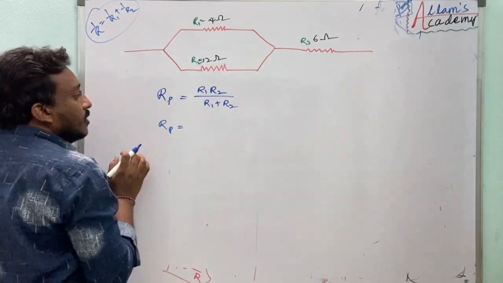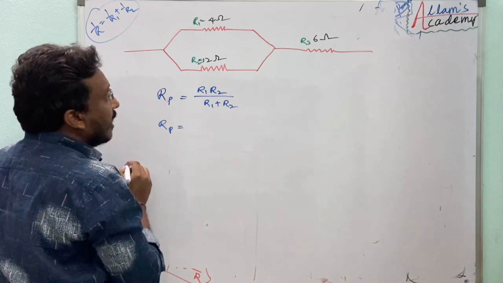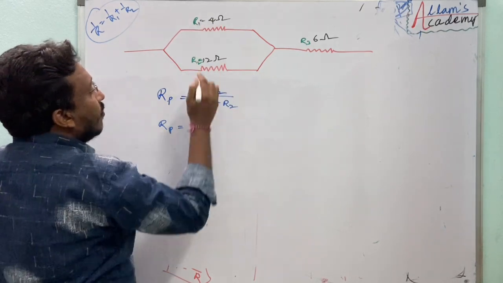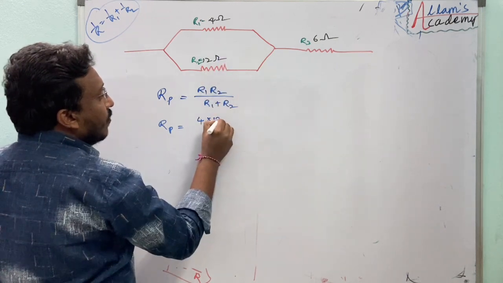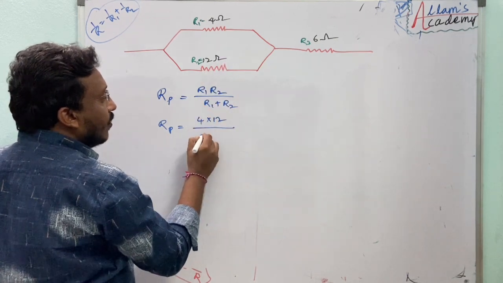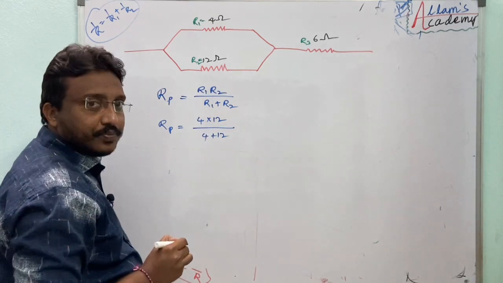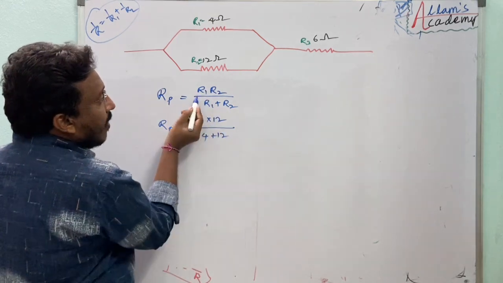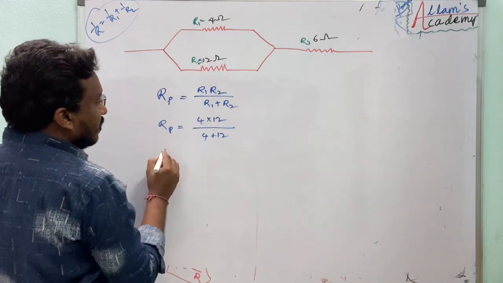So the effective resistance of the parallel connection is R1 R2 by R1 plus R2. R1 equals 4 ohms, R2 equals 12 ohms, so 4 into 12 by 4 plus 12.